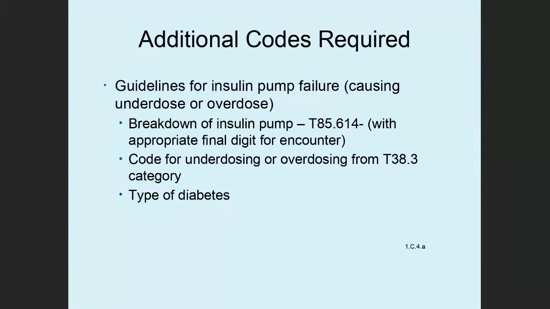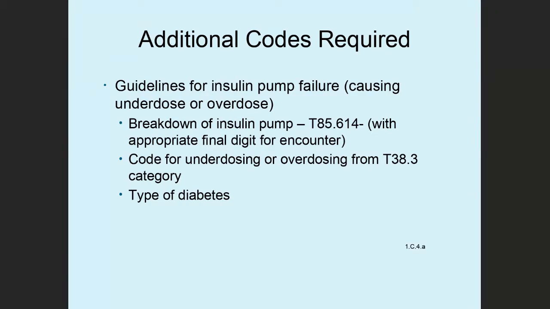The guidelines also provide instructions for coding for diabetes with the complication caused by insulin pump failure. This could be in any category of diabetes when the patient is using an insulin pump. The insulin pump failure may be too much insulin is released or too little insulin is released.